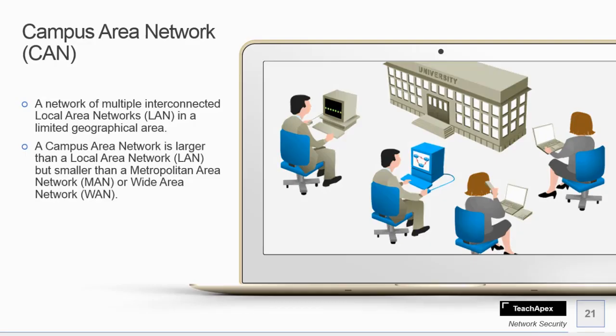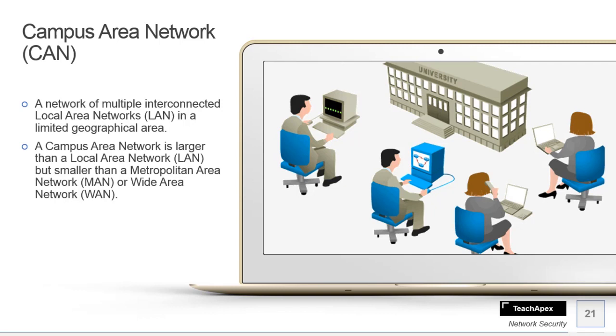Then next we have campus area network. As the name suggests, it's for a particular campus. It's a campus area network, also known as corporate area network. This is basically a smaller network, you can say, for a particular purpose. A campus area network is a network of multiple interconnected LANs in a limited geographical area.